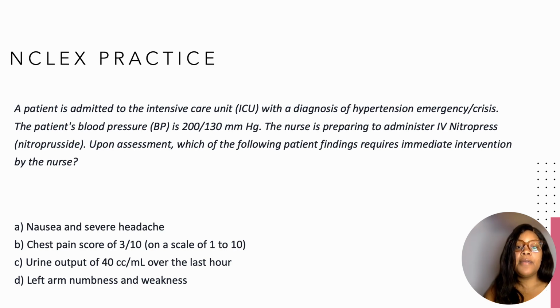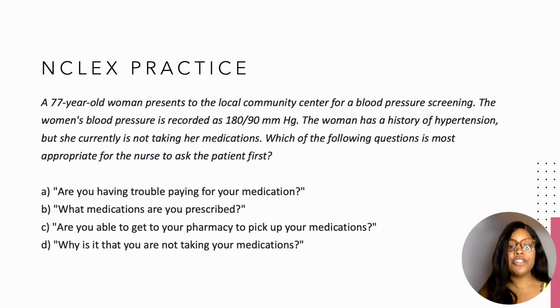With C, the urine output of 40 cc's is within normal limits. Nausea and a severe headache are important, but they're not the priority. Chest pain 3 out of 10 is important, but not as important as that patient having left arm numbness and weakness. All right, let's try another one.